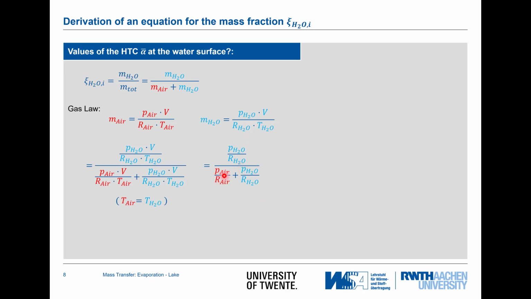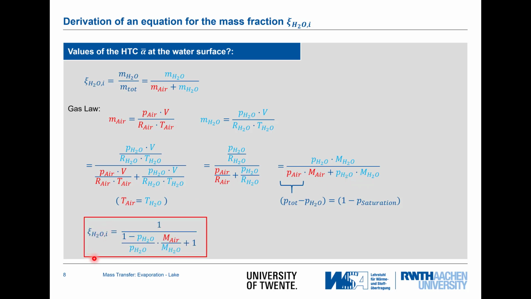I can even more simplify it because the air pressure can be expressed by the total pressure, which is then 1 bar minus the saturation pressure of the water vapor, and then I only have the water vapor partial pressure in this equation.